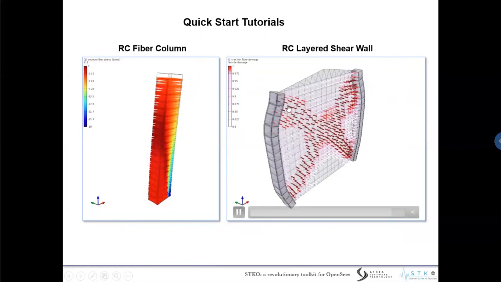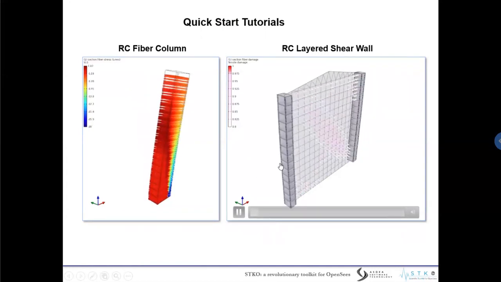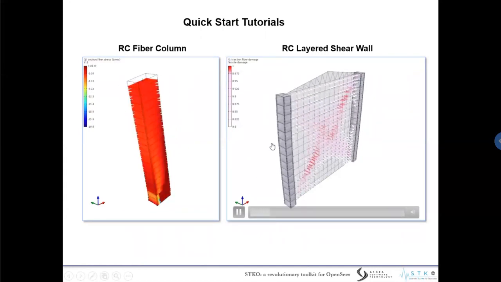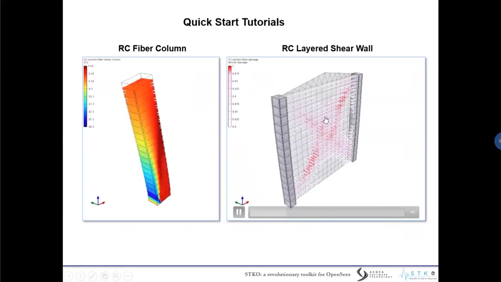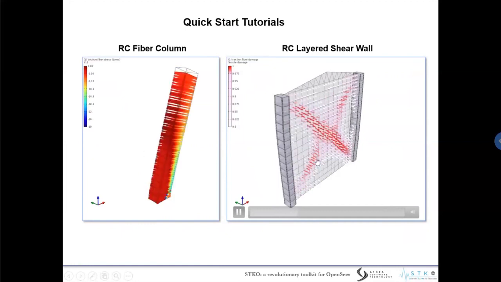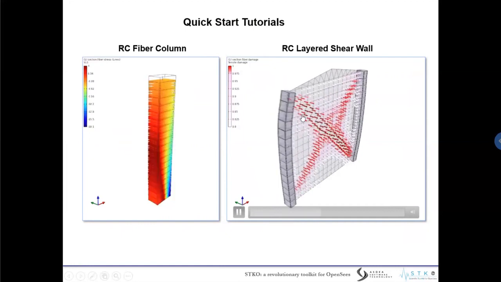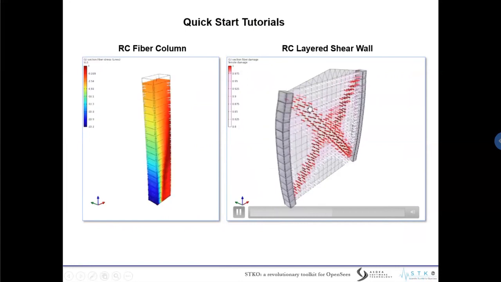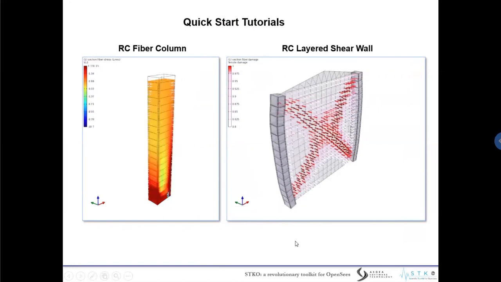Then we repeat the same thing, but with a slightly more complicated model with a shear wall made with shell elements coupled with beam elements. And we will see how to create a layered shell cross-section with a 3D concrete model with a mixed explicit-implicit algorithm, and how to define the rebar grid for this wall. So now we can start.